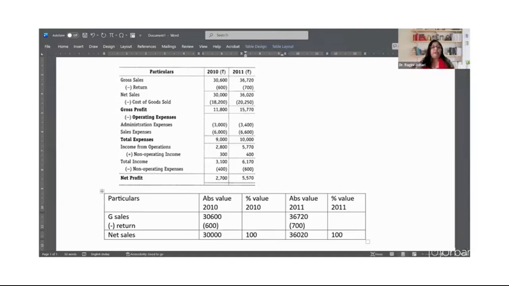This percentage becomes 102%. And similarly, 36,720 divided by 36,020 becomes 101.94%.